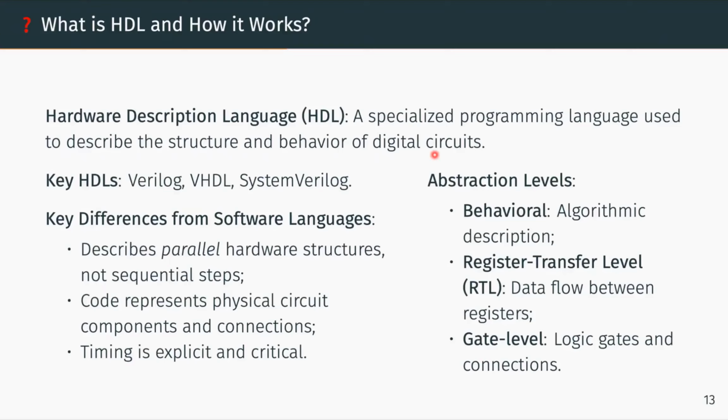And there is also the difference in abstraction levels in HDLs. We may have some behavioral representation, where we can just write an algorithmic description. For two numbers, we can just write the star symbol and they will get multiplied.